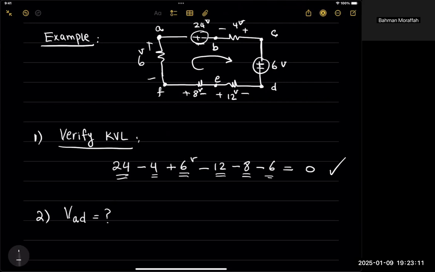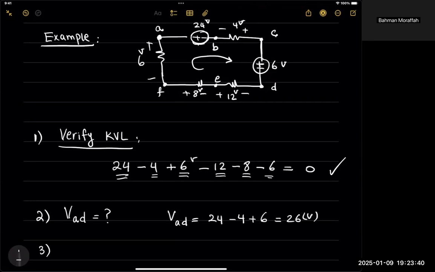So I can still write the KVL and write VAD equals 24 minus 4 plus 6, and that's it. Because I started from A, I had this plus, I had this negative, and then I had this plus over there. So if I add them up, it's basically 26 volts, right?